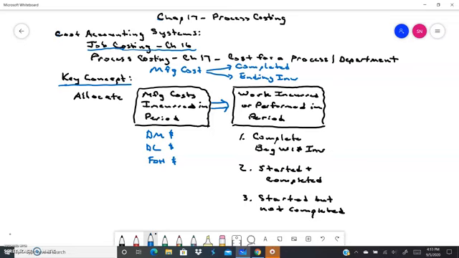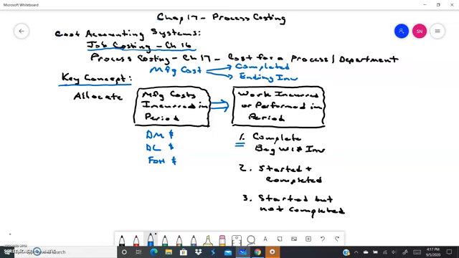And what we're going to do is split the work up into three groups. The first group is the work that we did to complete the beginning work in process inventory. So again, these are whatever units were in process at the beginning of the period. We're going to finish those up, and those are going to be the first ones done and transferred out.